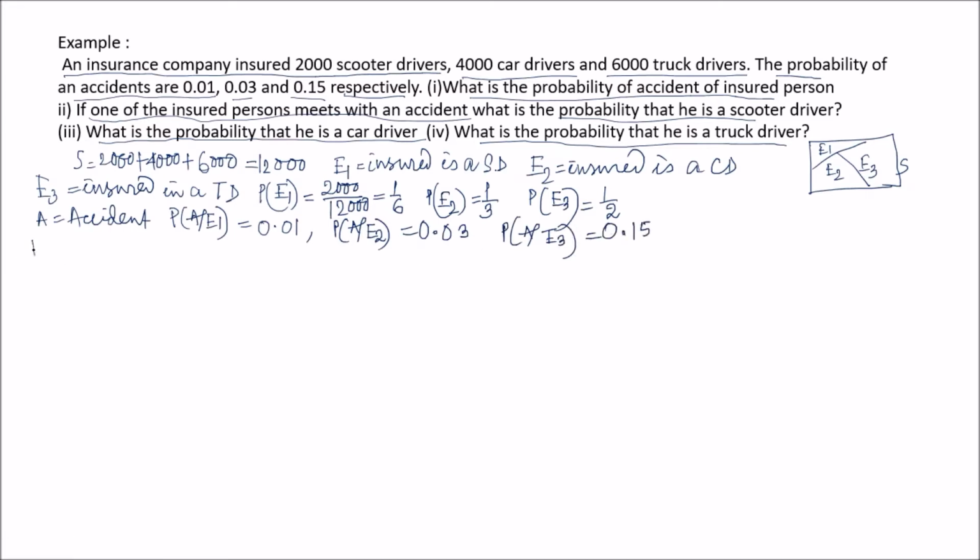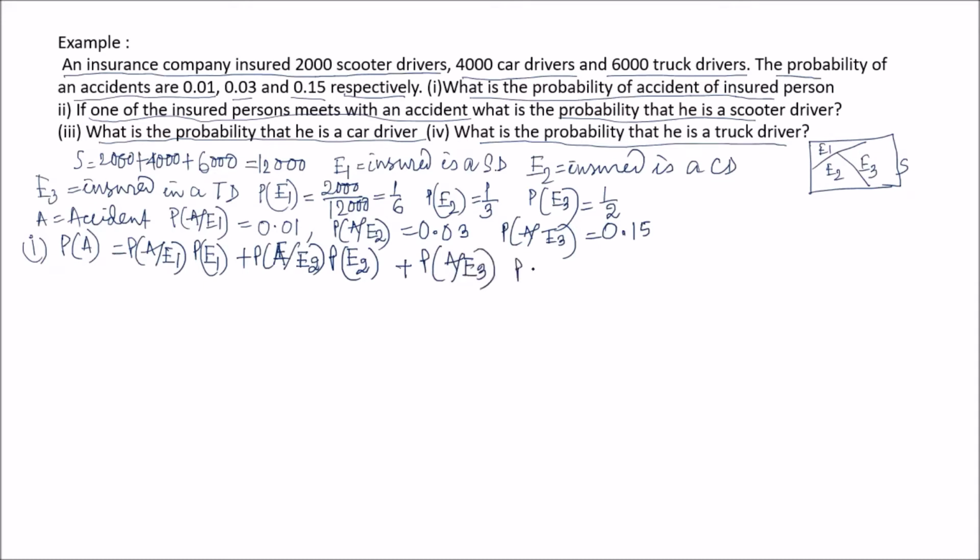So what is the probability that the accident will be from an insured person? That means it is P(A). And you know the formula: P(A|E1) into P(E1) plus P(A|E2) into P(E2) plus P(A|E3) into P(E3).